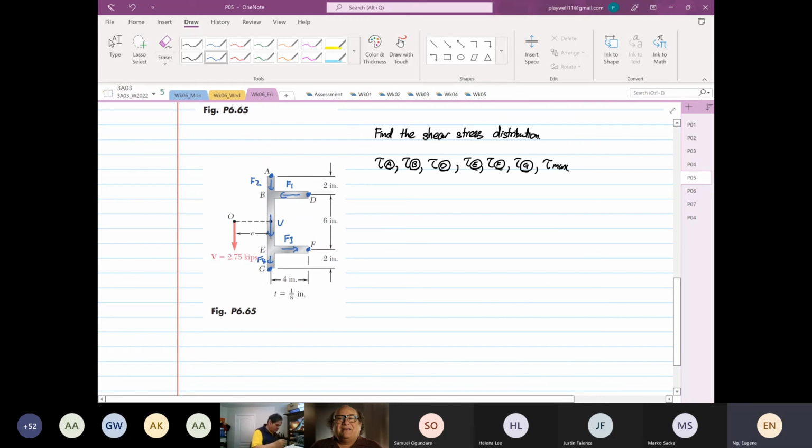As I said before, at the terminals, the first moment of area is equal to 0. So for this case, shear stress at point A is equal to shear stress at point D, is equal to shear stress at point E, and is equal to shear stress at point F. All of them are equal to 0.